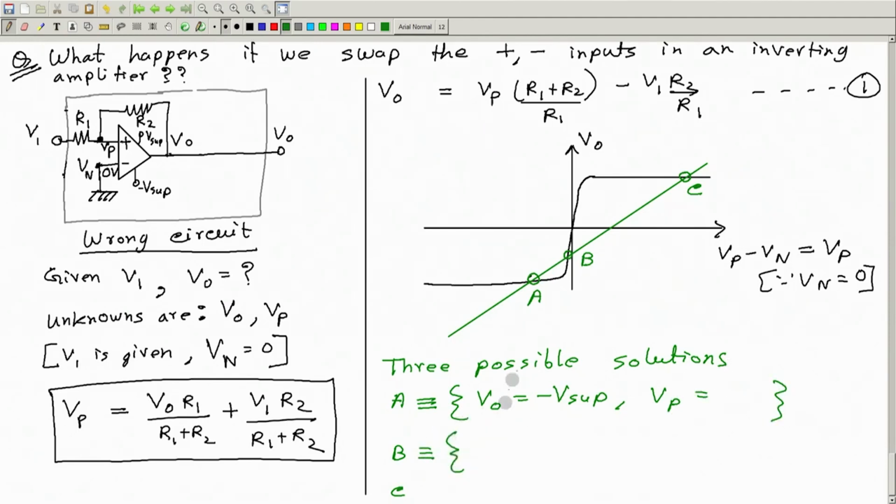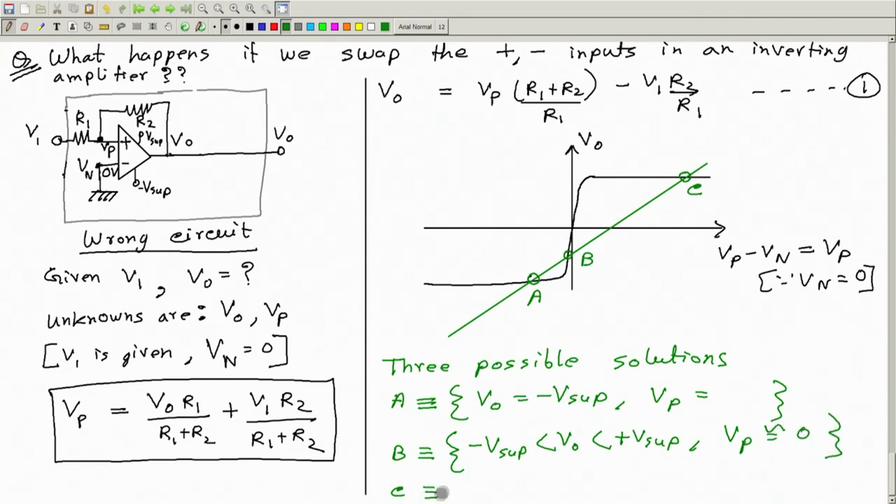For point B, we have Vo between minus V supply and plus V supply, so minus V supply less than Vo less than V supply, and Vp is almost 0.